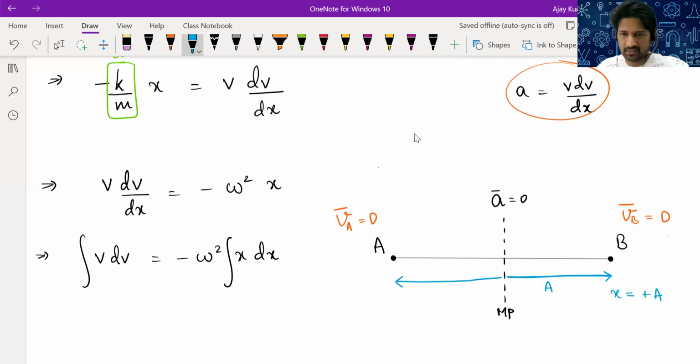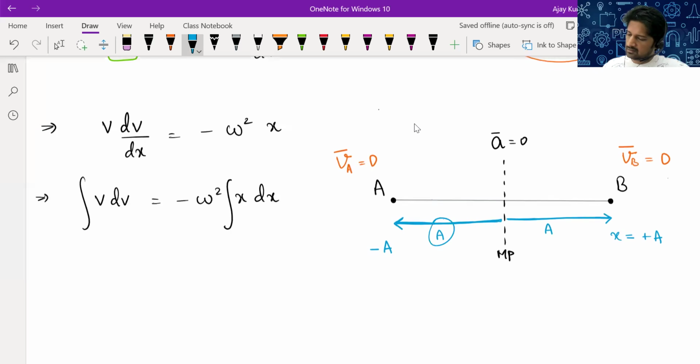This is not compulsory, but let's consider a simple example like this. Let's visualize a system which moves the same distance on either side of the mean position as it moves back and forth. So this distance is also A, but if you write it as displacement, then this will be minus A. So when the displacement from mean position is minus A or plus A, the velocity becomes zero.